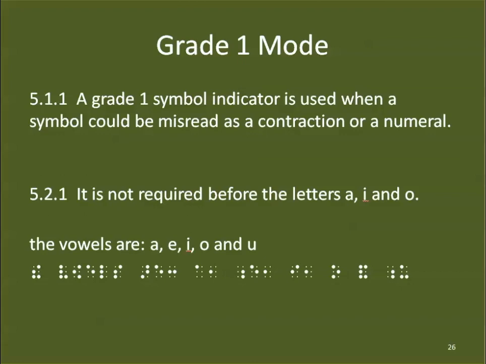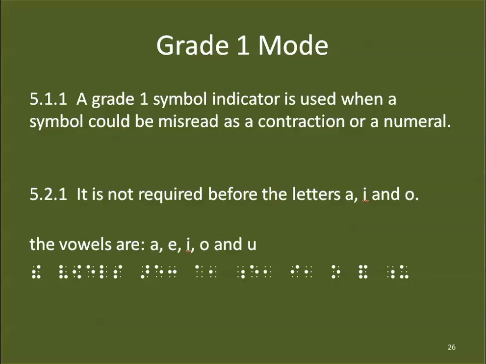A grade 1 symbol indicator is used when a symbol could be misread as a contraction or a numeral. It is not ever required before the letters A, I, and O because in the English language those are already words and they can't be confused with anything else. So an example of this is the vowels are colon, A, E, I, O, and U. So in Braille, A never needs a grade 1 indicator, but E does.